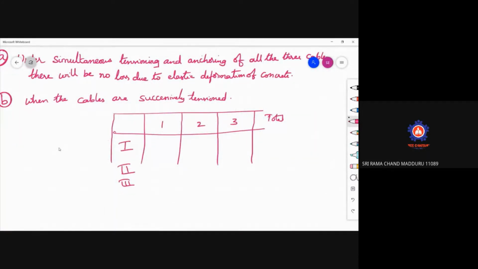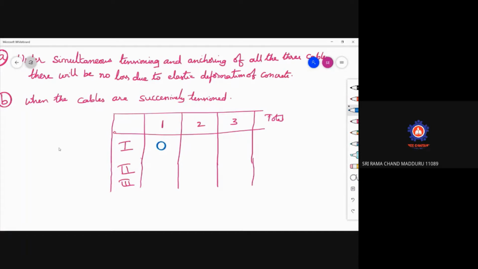First, you are stretching the first cable. We said it is successive, one by one. Initially when the first wire is stretched, there is no loss. So here the loss is 0. Just understand what I am writing. The loss will be 0 when I am doing the first wire tensioning and anchoring.